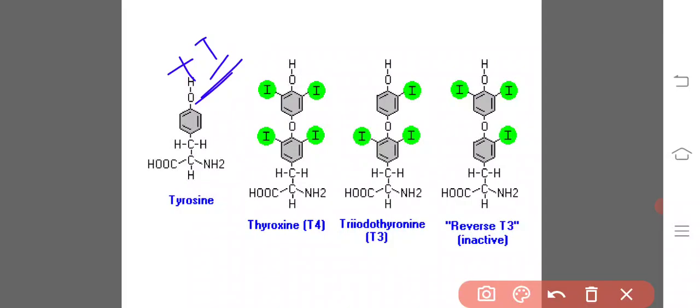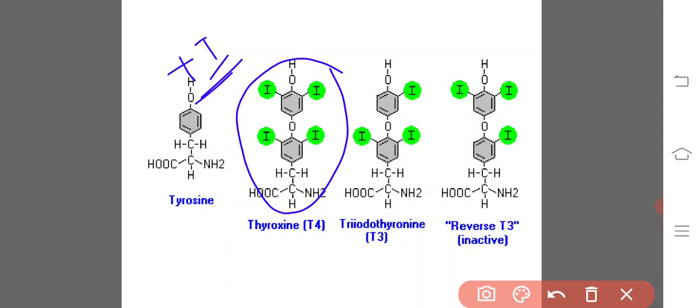After the tyrosines are iodinated, 2 diiodotyrosine molecules combine to form tetraiodothyronine, which has 4 iodine atoms.